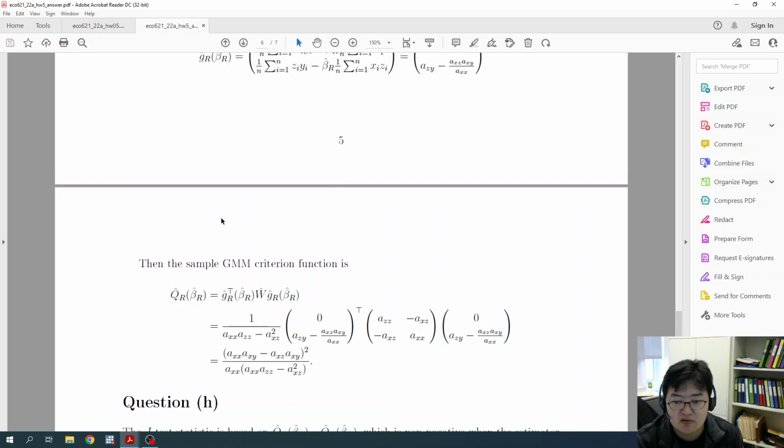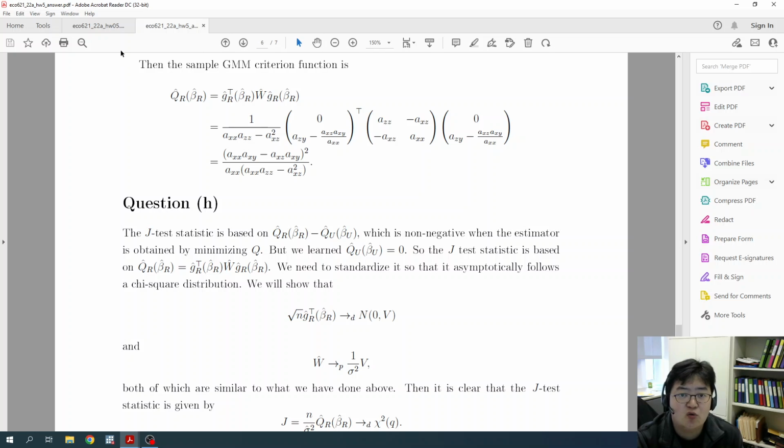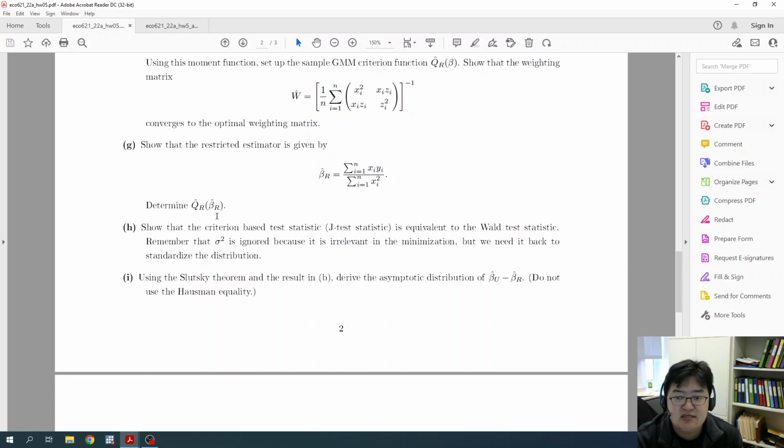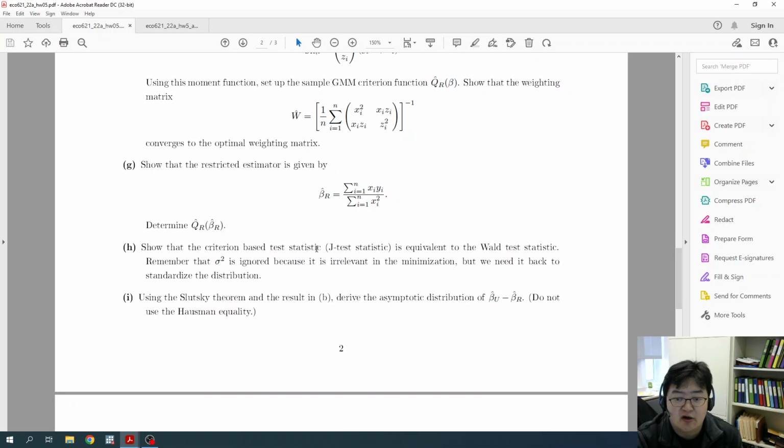And then additional algebra, but you will get some familiar form, that is the minimized GMM criterion. And now question H is to use these results to construct the criterion-based test statistic, which I'm going to call the J test.